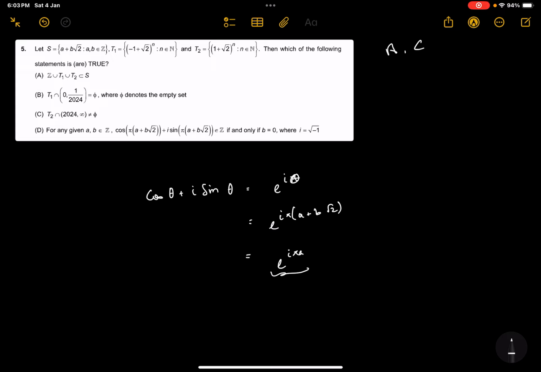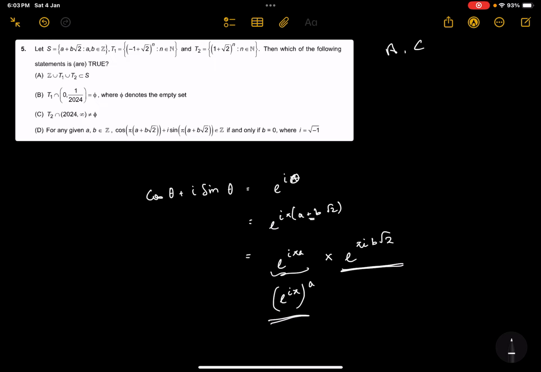This is some integer power of e to the power of pi i. So this term will be either -1 or +1 depending on a, and the exponent in plus will become a product here, so it would become e to the power of pi i b root 2. For this entire thing to be an integer as given in the option, this is either plus minus 1, so this thing has to be an integer.